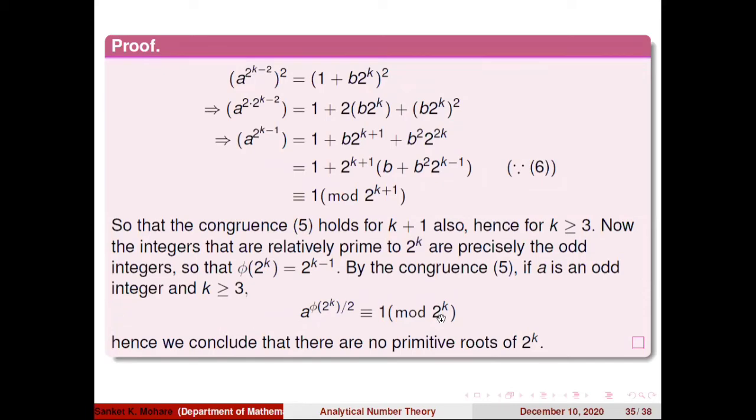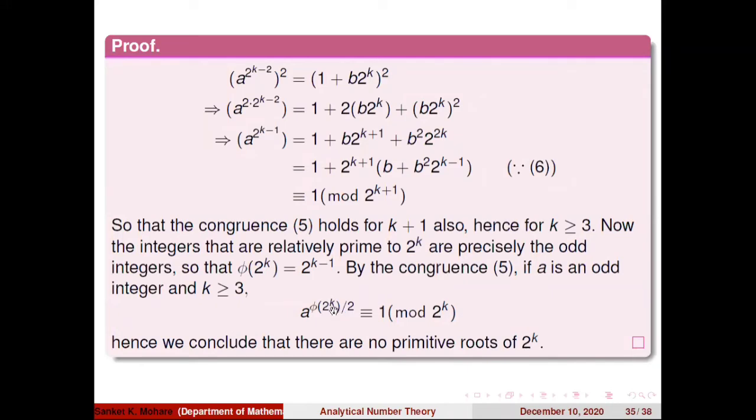That's why there are no primitive roots of 2 to the power k, means a is not going to be a primitive root of 2 to the power k, because here phi of 2^k is divisible by 2. Suppose we had a result other than this, like a to the power phi of 2^k congruent to 1 modulo 2^k, then we could say a is a primitive root of 2^k.